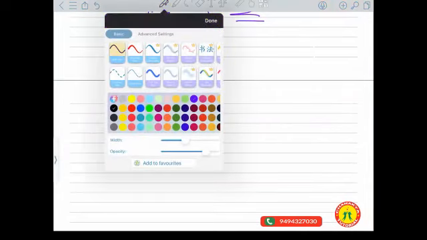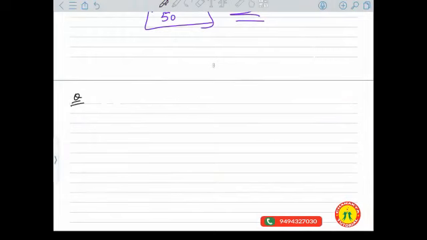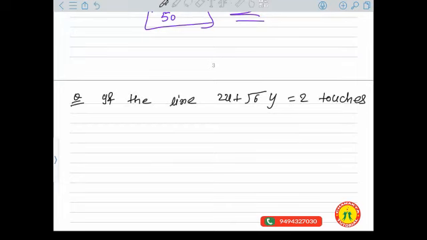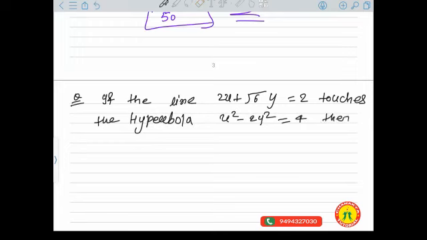Now, one question. Question is, if the line 2x plus root under 6 y equal to 2 touches the hyperbola x square minus 2y square equal to 4, then the point of contact क्या होगा आपको बताना है.